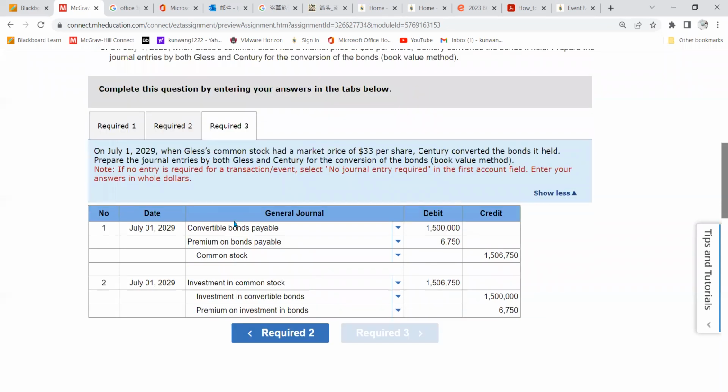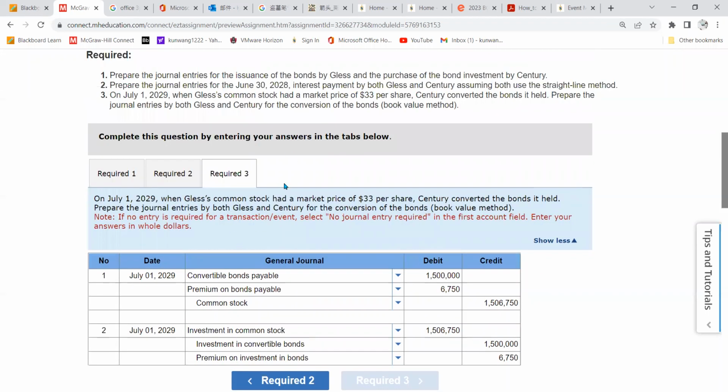This question is also a good one, so you can practice a little bit on straight line amortization. You can see the life cycle for a convertible bond.